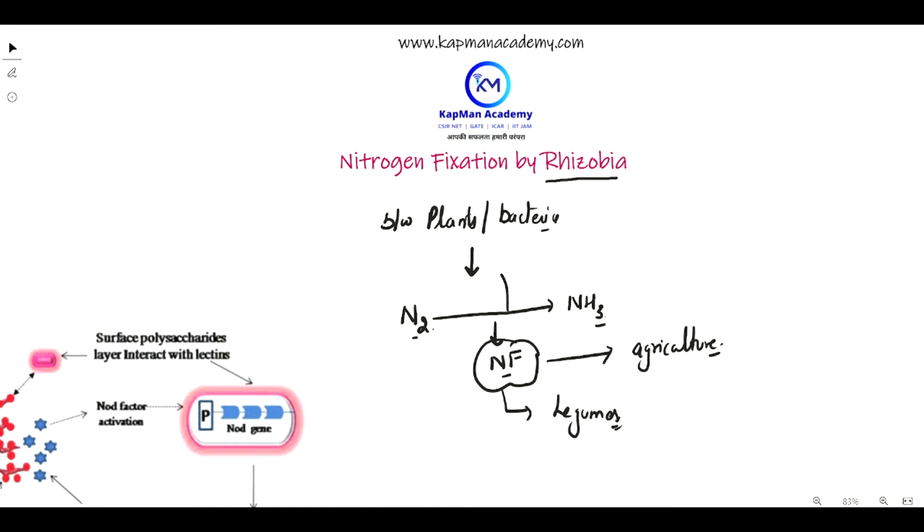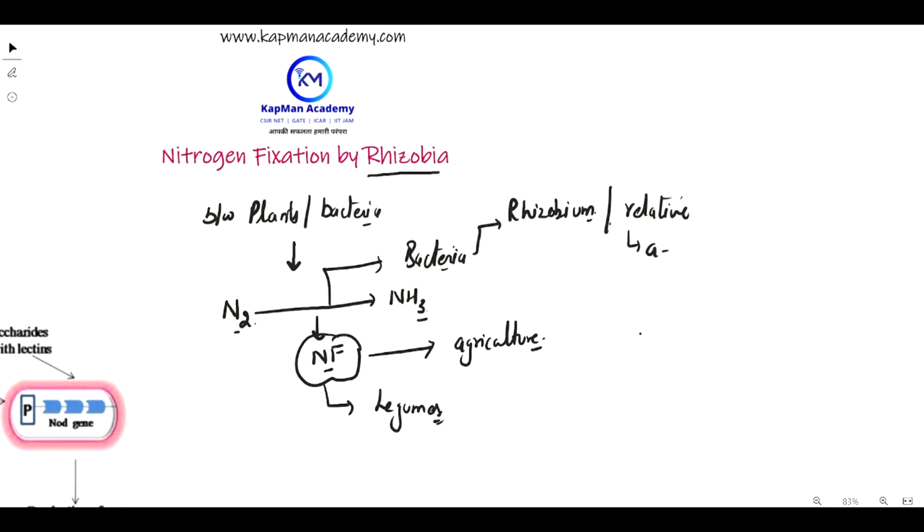Now if we talk about the bacteria responsible for nitrogen fixation, that one is called Rhizobium bacteria and its relatives, which are alpha proteobacteria and beta proteobacteria.